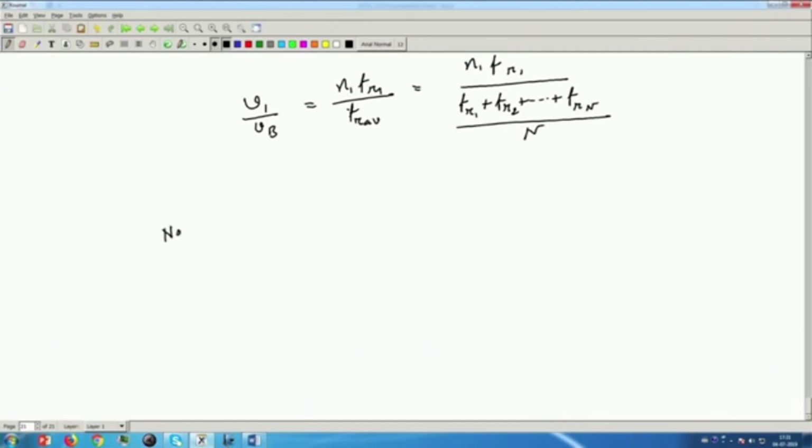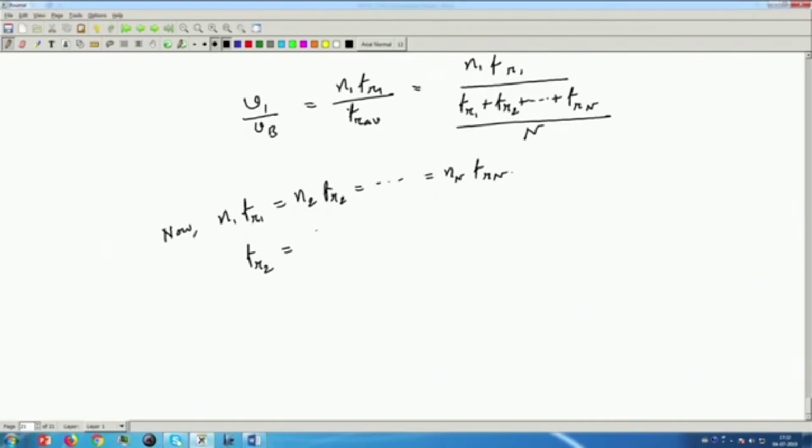Now, we also know the relation between all these. So, one by one we can express every F r 2, F r 3 etcetera in terms of F r 1.